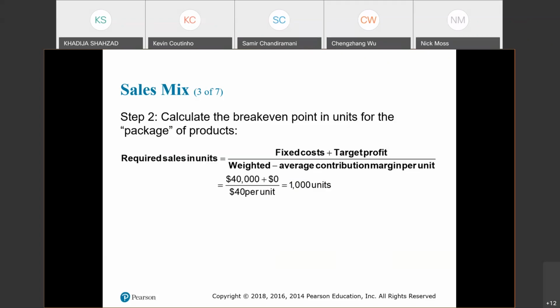We assume that the fixed cost of this company is $40,000 divided by $40 per unit. We can get 1,000 units in order to achieve the break-even point.